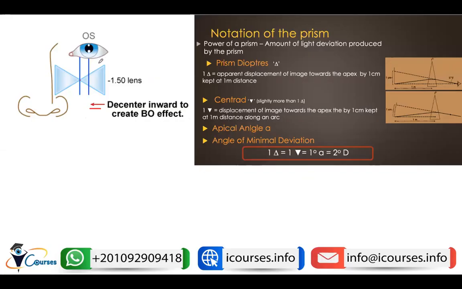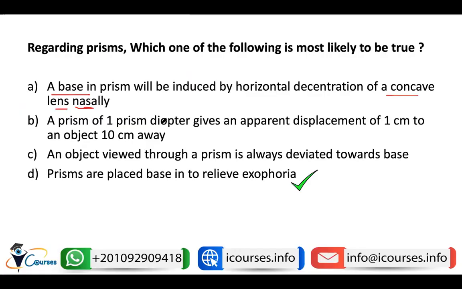Now there is a prism in front of the left eye. This prism has apex in and base out. So decentration inward toward the nose of a minus lens will result in a base out effect. So the first one here is wrong. A base out prism will be induced by horizontal displacement, or horizontal decentration, of a concave lens nasally.